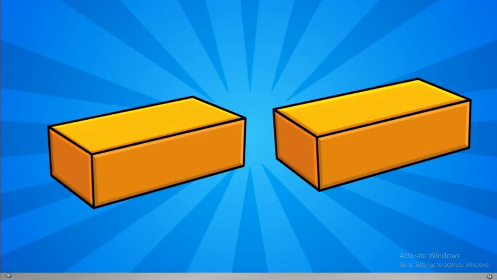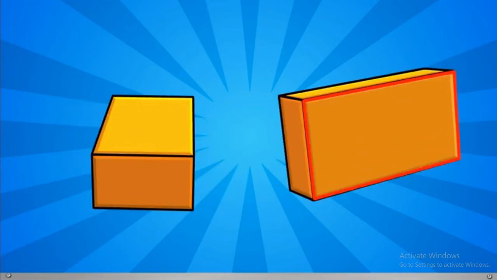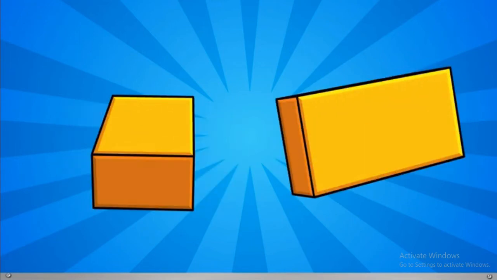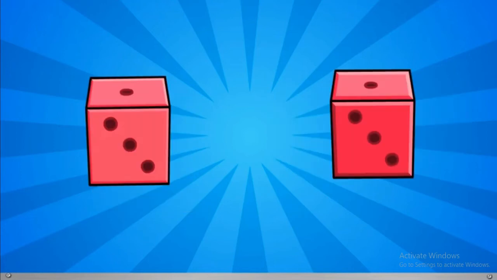How many faces does the brick have? Six. The cuboid has 6 faces and 8 corners. How many faces does the die have?